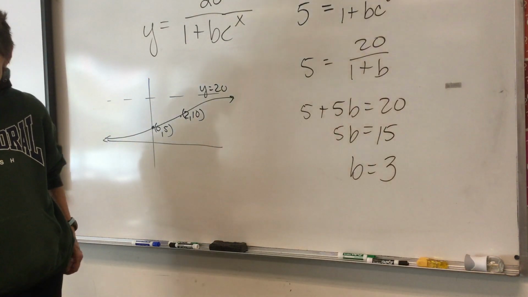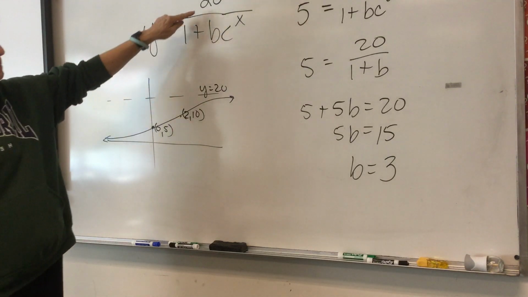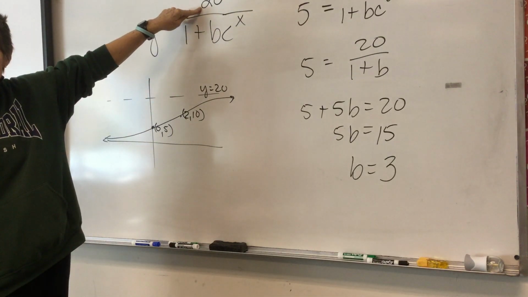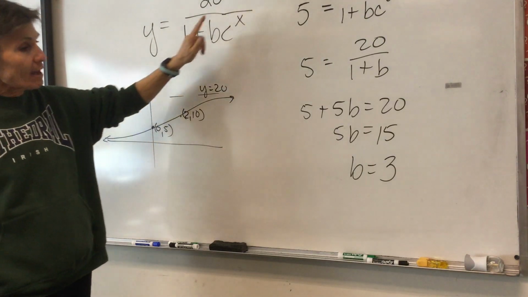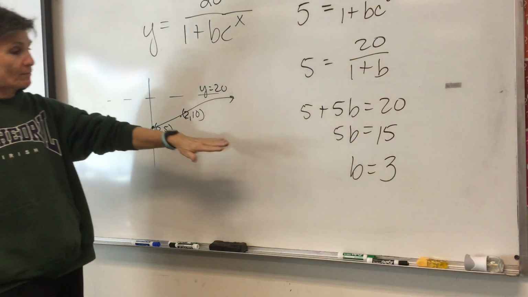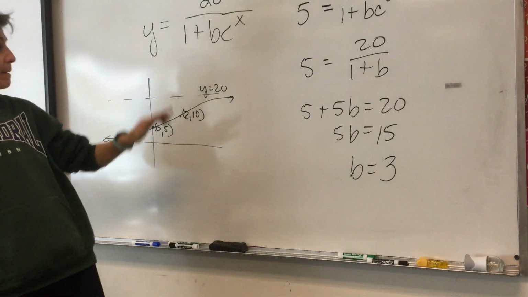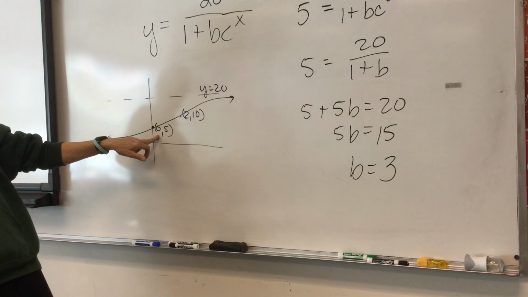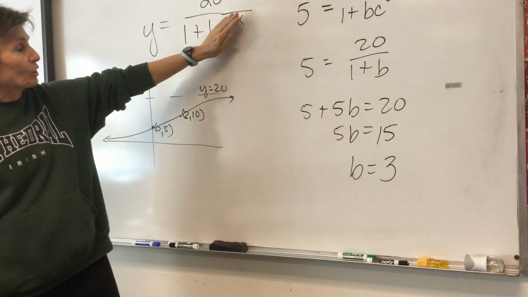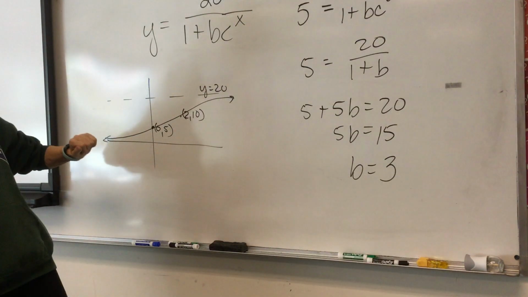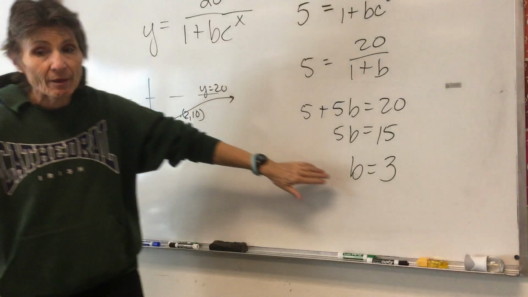Let's have a little checkpoint here. Did everybody put 20 in on top? Okay, good. Now I have found B. I don't know if you're there yet or not. Remember, B comes from the initial value because we're going to put 0 in for X. So that's basically going to go away. And that's going to allow me to solve for B. And I got 3.